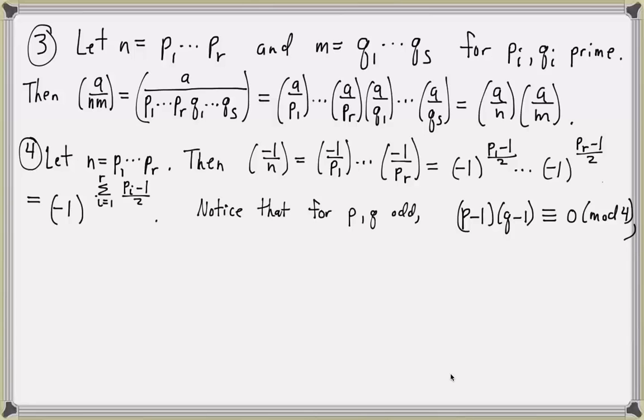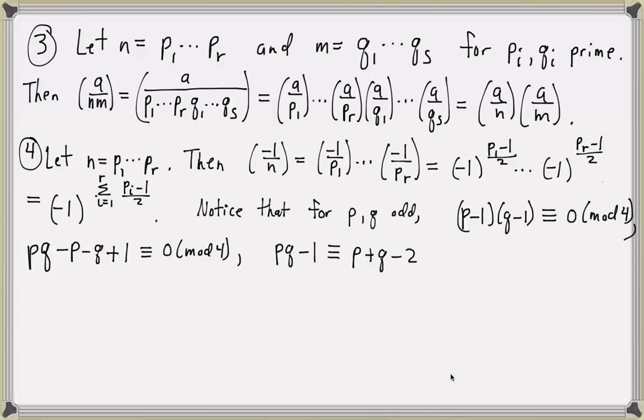And if I expand this, I get the congruence pq minus p minus q plus 1 will therefore be congruent to 0 mod 4. If I add p plus q and subtract 1 from both sides, I get pq minus 1 is congruent to p plus q minus 2 mod 4.